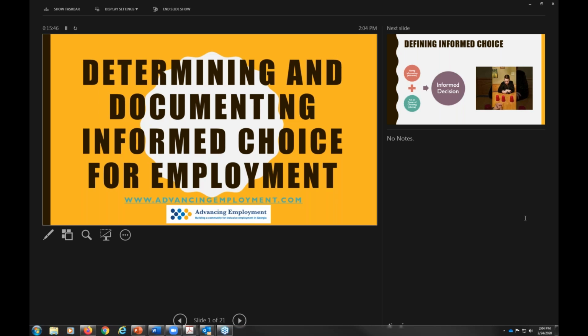As we will talk about throughout the day, now is the time to start implementing documentation best practices and understand what truly is informed choice, how it relates to competitive integrated employment, and what it means to the individuals we're working with.